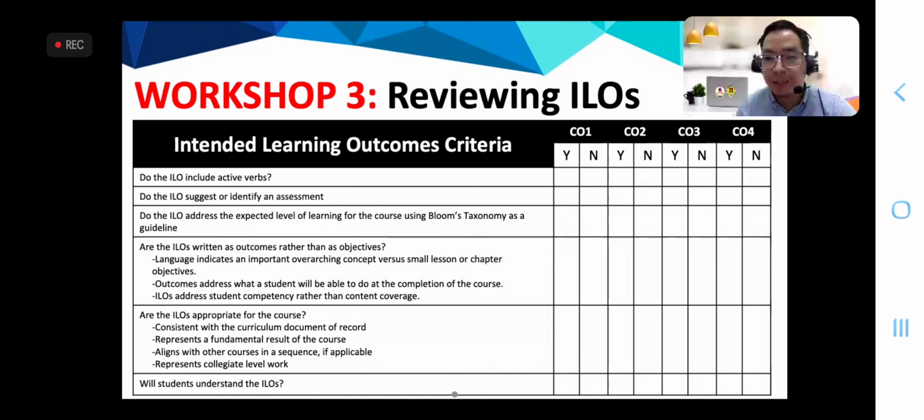Does the ILO include active verbs? Yes or no?